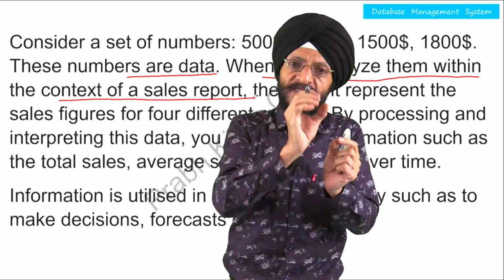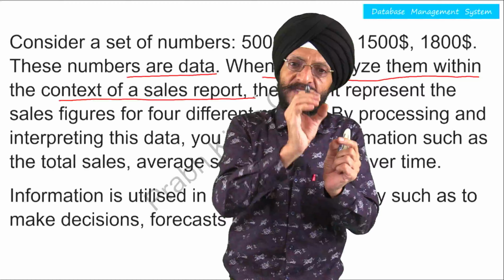We do not know whether these are the salary figures of different persons, or the salary figures of a particular person for the different years, or the bank balance of a particular person which a person is having in different accounts, or the bank balance which is increasing year by year of a particular person. So all these are just figures. We cannot conclude anything from that. These are just numbers. These are data.